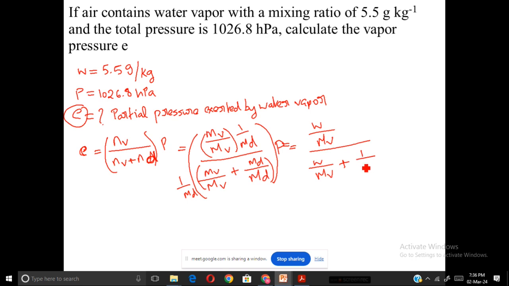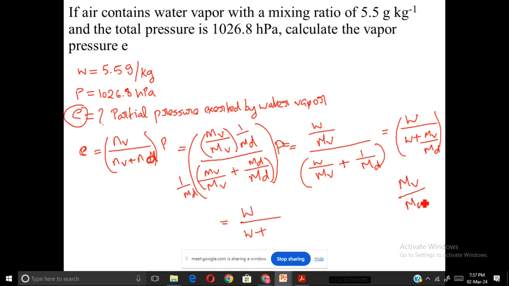It will become w by mv. Now if we take mv outside, it will become w by w plus mv by md. This is the molecular weight of vapor by the molecular weight of dry air.